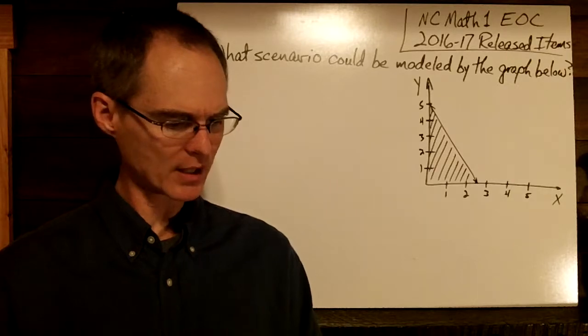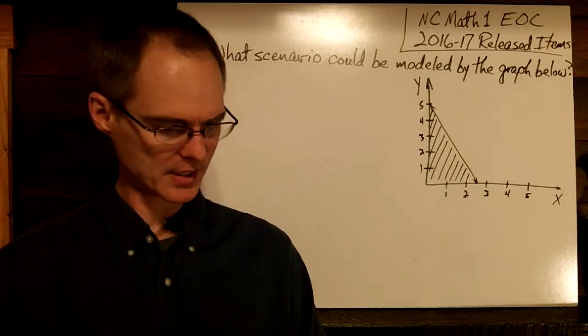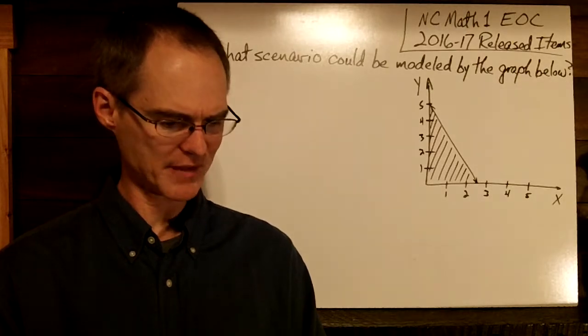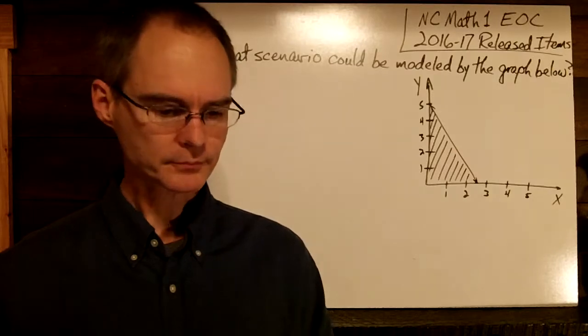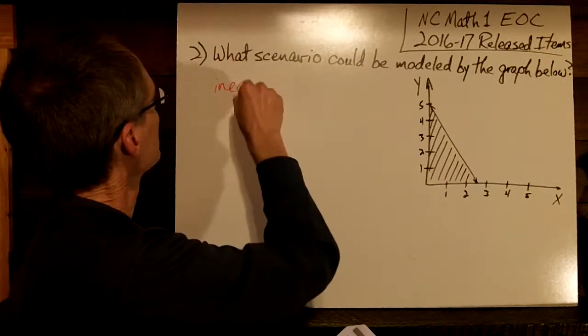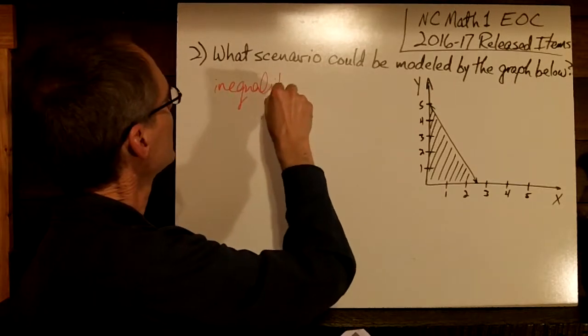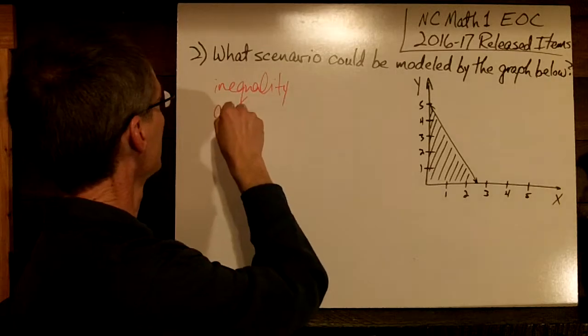As I look at the answer choices, it's something about pounds of apples and pounds of oranges. So I think I've got something about inequalities. Let me just write that down: inequality, and something about apples and oranges.